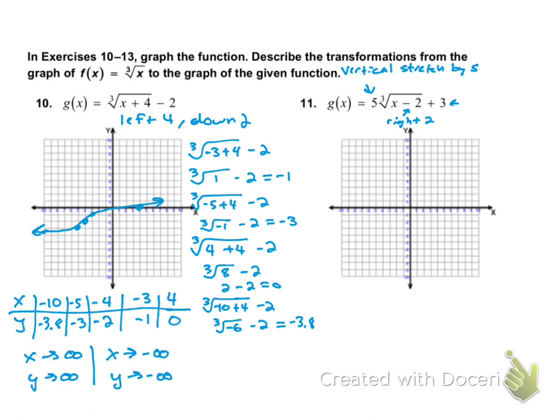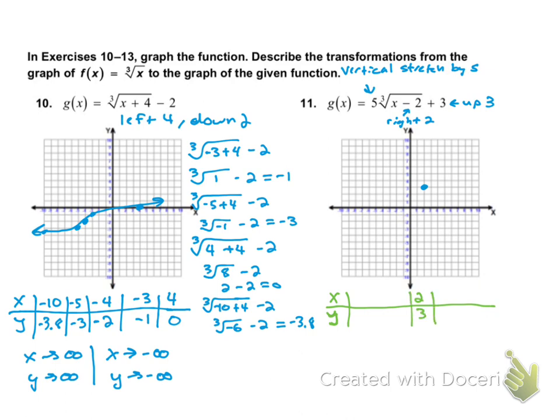And that will be up 3. All right. So my first point will be right 2, up 3. I'm going to do this in green. So 2, 3 is my first point.